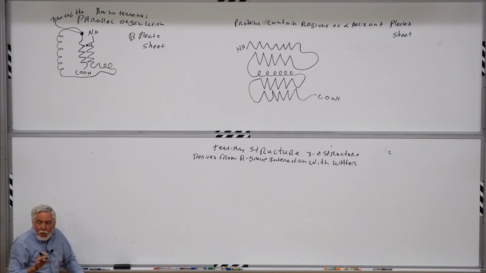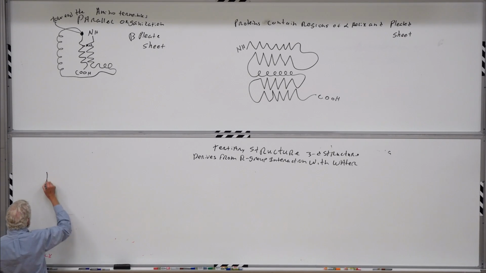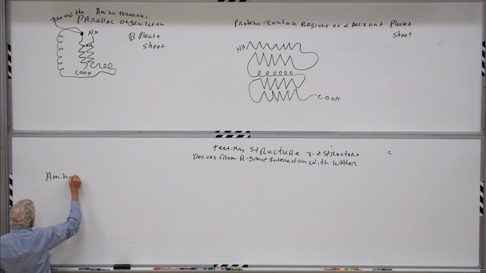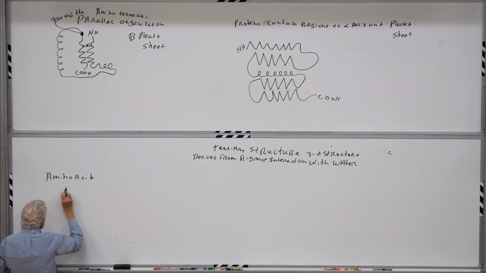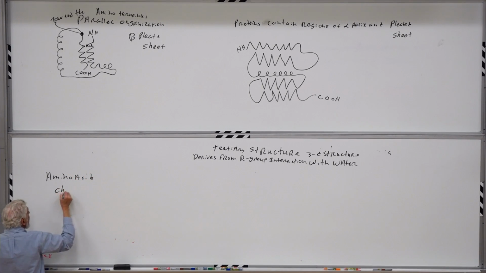Well, I'll never ask you to memorize all of the 20 amino acids and their shapes, but I would like you to know that we can divide amino acids into 3 big categories. So we can say that amino acids can be charged.